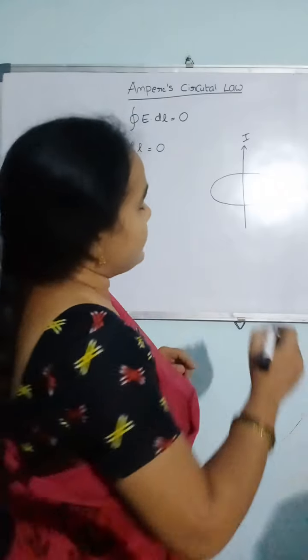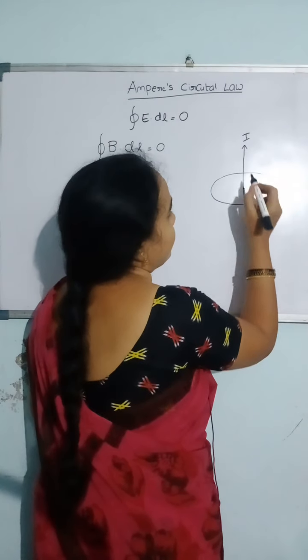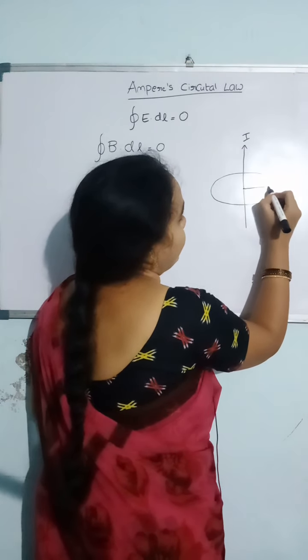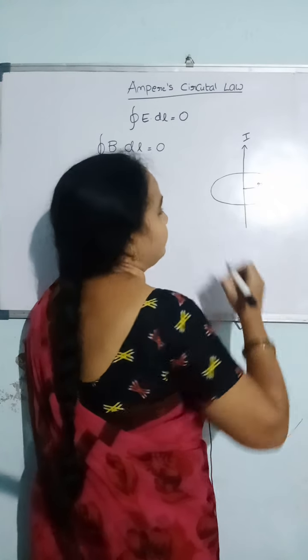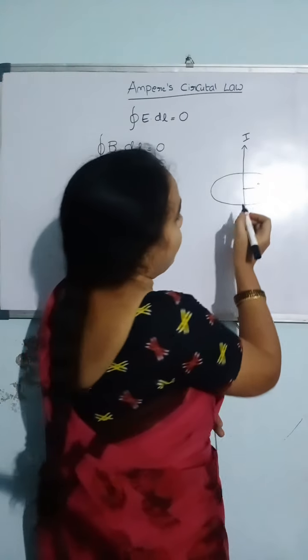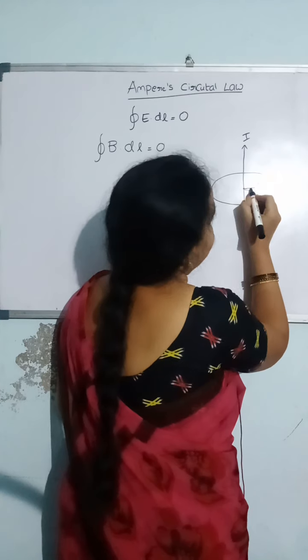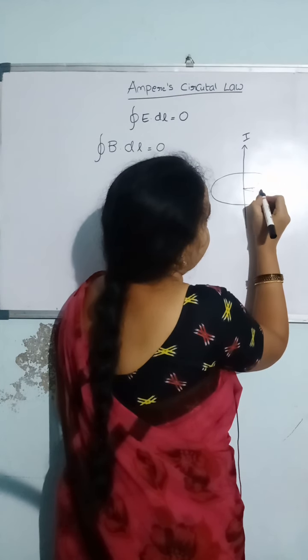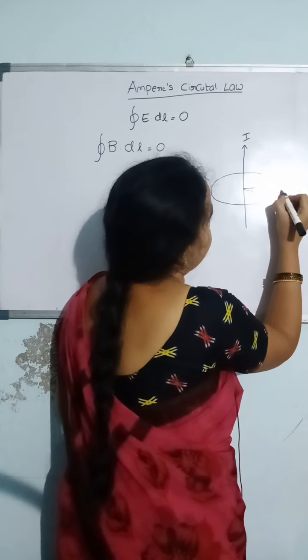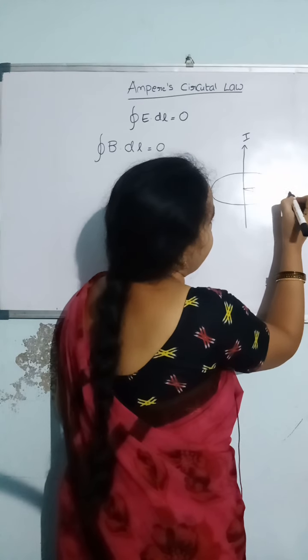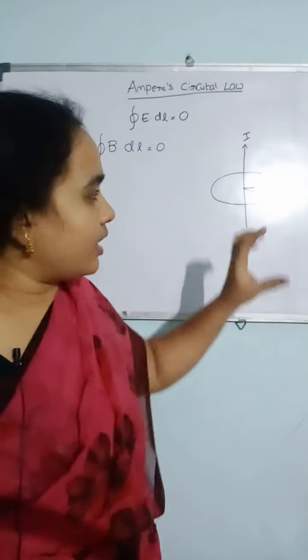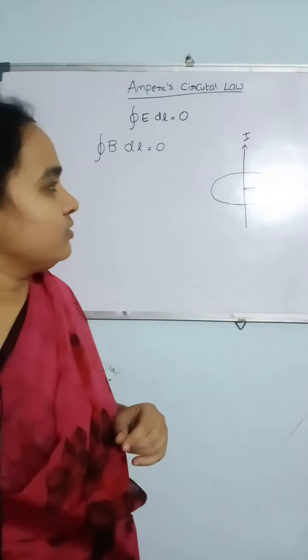Let us consider this circular path having radius r. Consider a small element which makes an angle delta theta. This small element is like a straight line having arc length delta L.